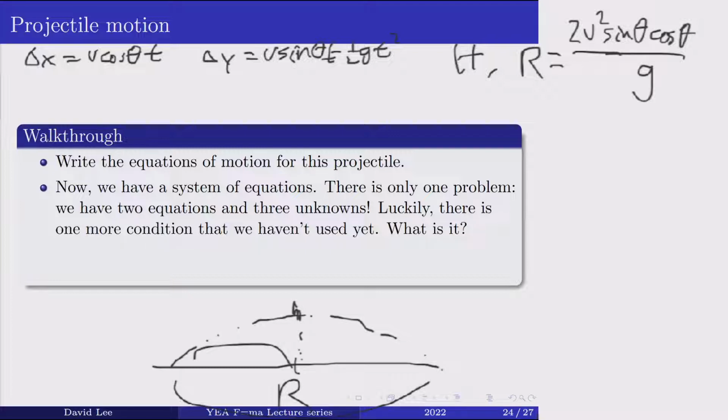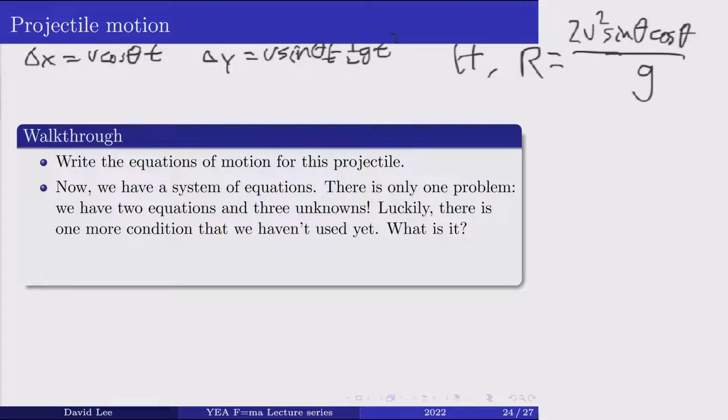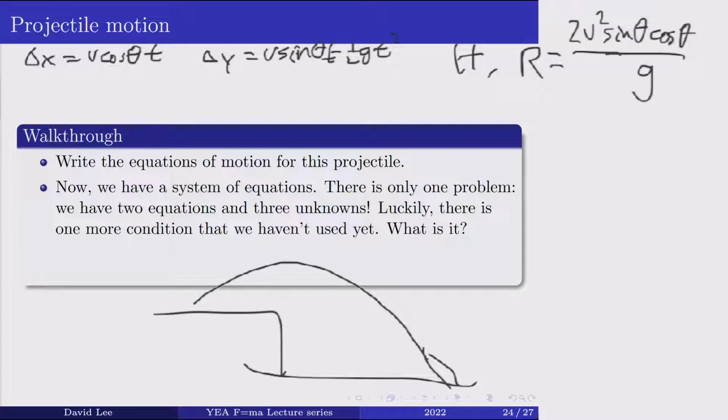But this works here, but it's actually not always the case because if our path's not symmetric, let's say, if we're throwing it off a cliff, then this is going to be different. Like we can't just use R over 2 for this case.